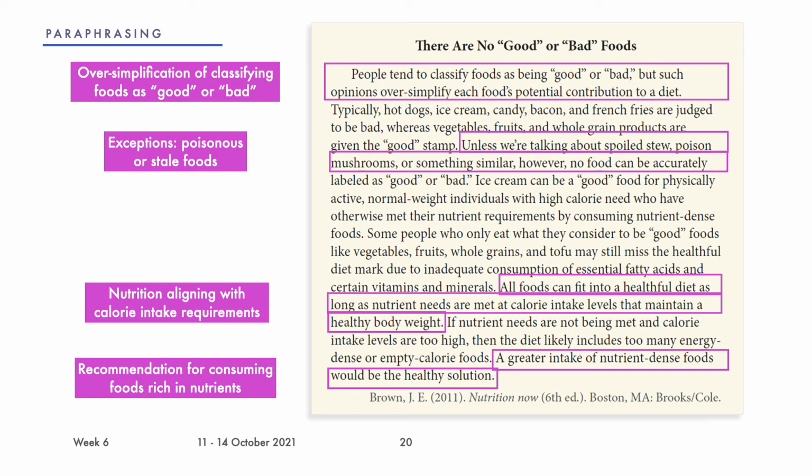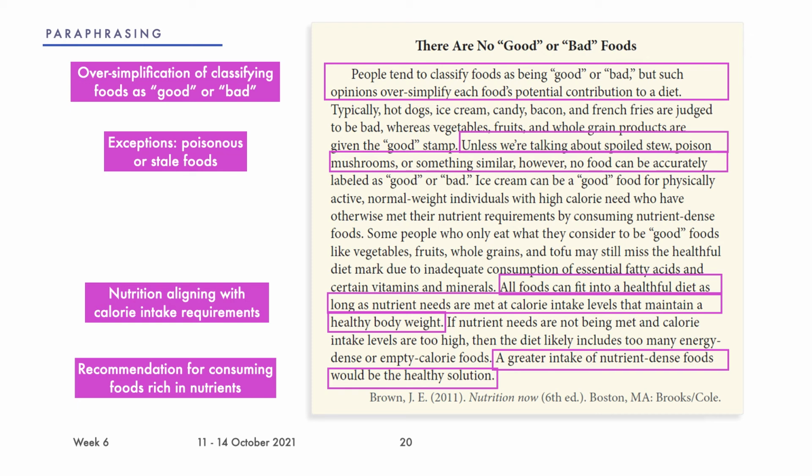And then there are exceptions like poisonous or stale foods or rotten food would, of course, be bad food. And then the third message would be paraphrased or summarized into a phrase such as nutrition in line with calorie intake requirements or matching with, align with, and so on.